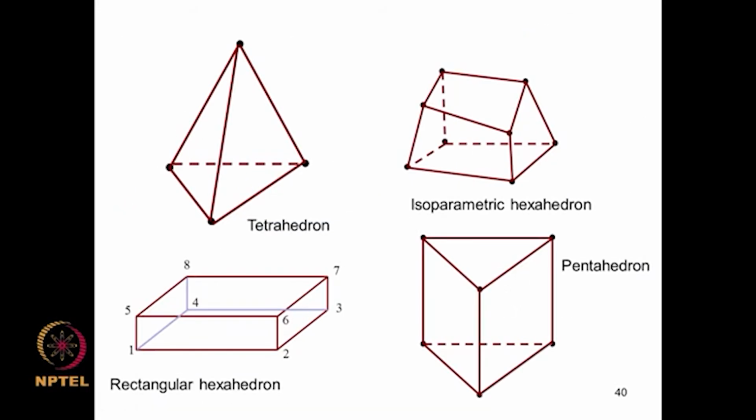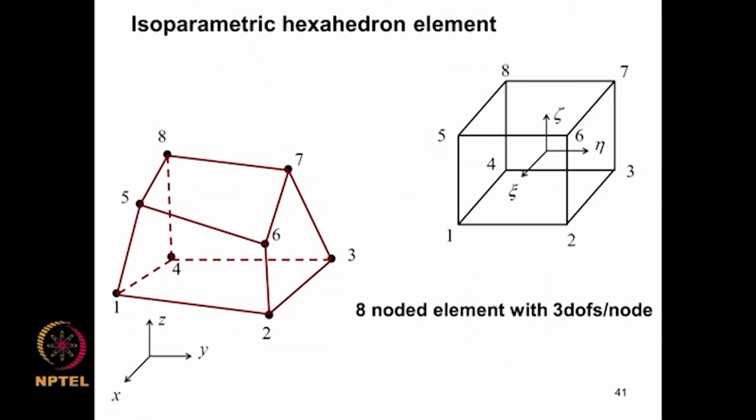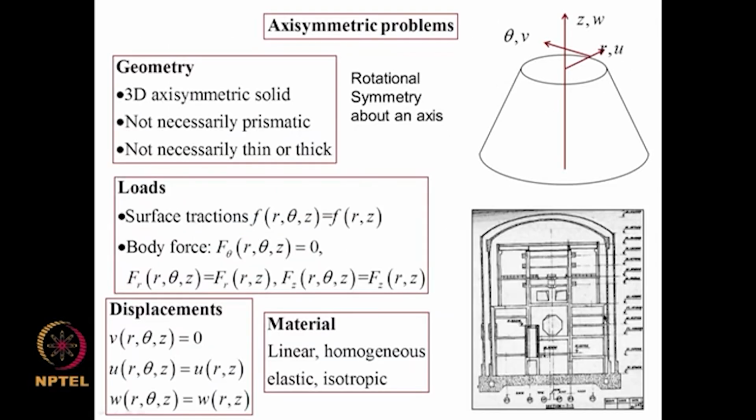We moved on to the discussion of solid elements. We considered the tetrahedron element, rectangular hexahedron element, pentahedron, and isoparametric hexahedron elements, and we developed some of these formulations. We discussed, I think, an 8 noded element with 3 degrees of freedom per node in isoparametric formulation, how this can be done. Next we considered problems where there was axisymmetry in the geometry, that means the geometry was a 3D axisymmetric solid.